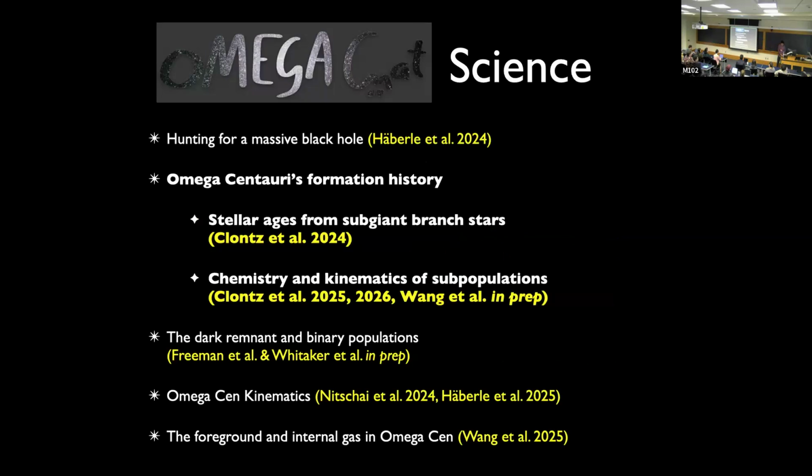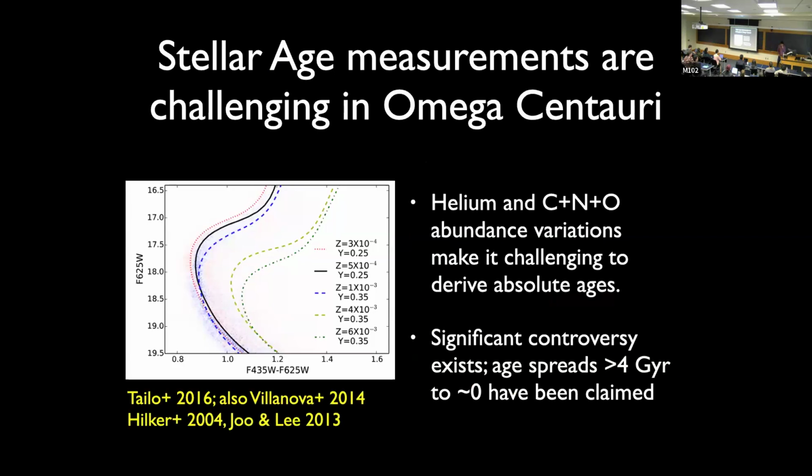Okay, I'm going to tell you a little bit about Omega Cen star formation history. Omega Cen has really, really weird stellar populations. There are extreme helium and C+N+O variations, meaning the carbon, nitrogen, and oxygen are all enhanced relative to solar scaled abundances.